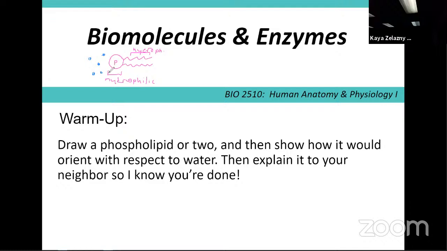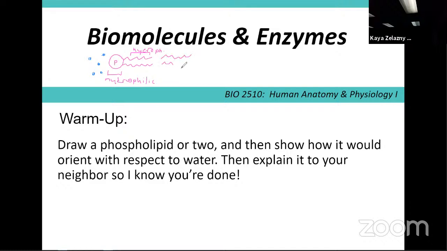And if we were to have another phospholipid, where do we think it would go? Would it go over here on the left? Would it go over there on the right? Okay. So what am I going to draw first if I start drawing here? The head or the tails? Yep, great.